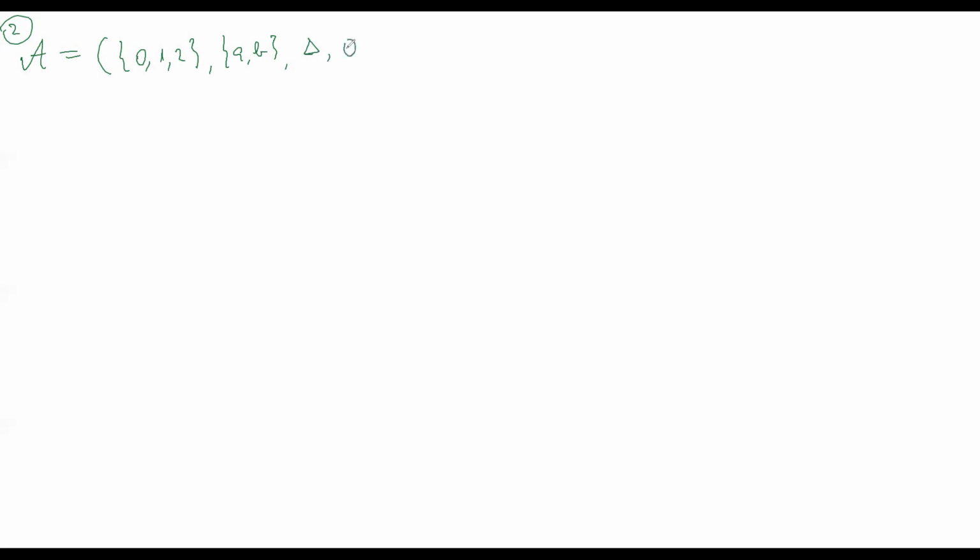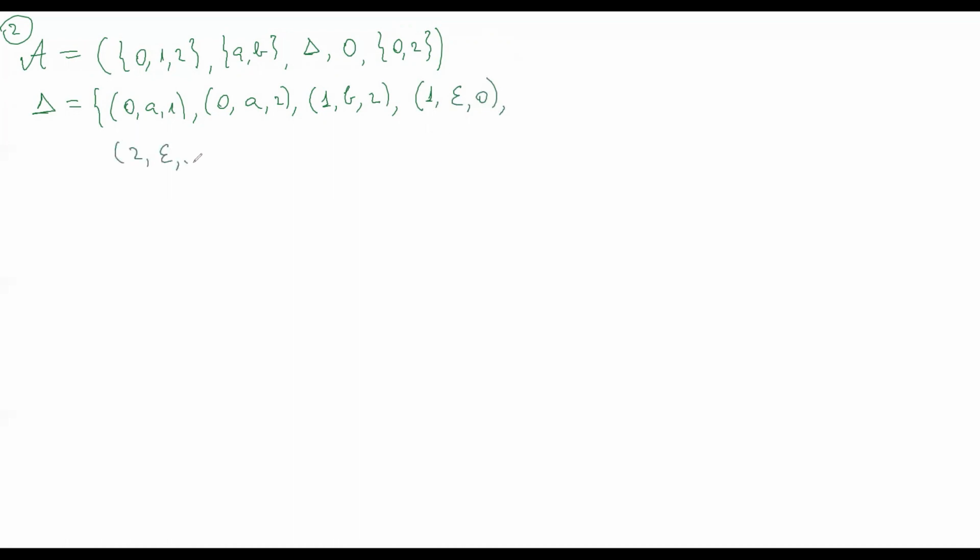And state 0 is the initial state, and final states we have 0 and 2. And the transition relation is made of these triplets, 0A1, 0A2, 1B2, 1 epsilon 0, and 2 epsilon 0.